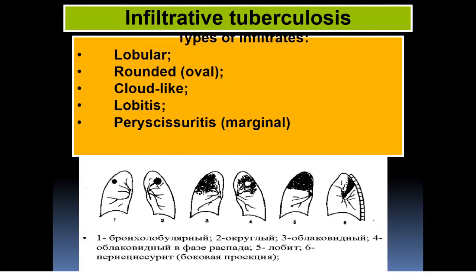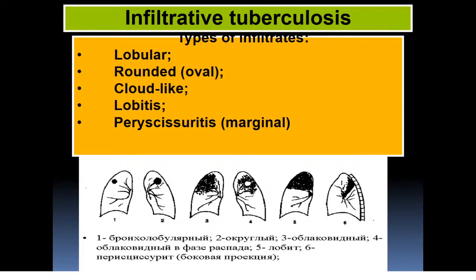And the last type is named pericystitis, or marginal infiltrate, because this infiltrate is localized along the interlobar fissure. This is a variant of cloud-like infiltrate, but localized along the interlobar fissure.